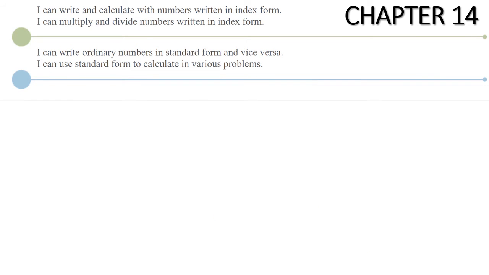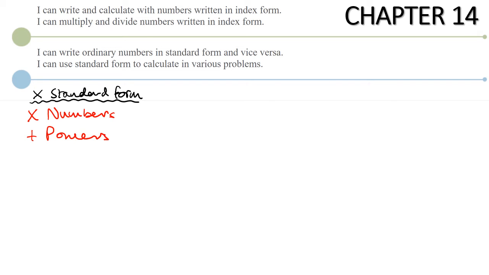The last thing we need to do with standard form is to be able to do calculations. So we'll look at multiplying in standard form, first of all. When we multiply in standard form, you multiply the numbers in the standard form, and you add the powers.